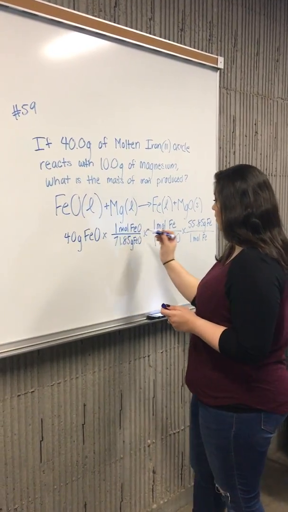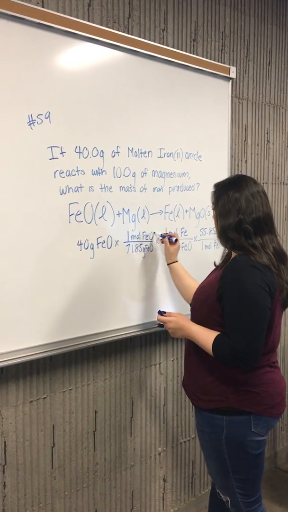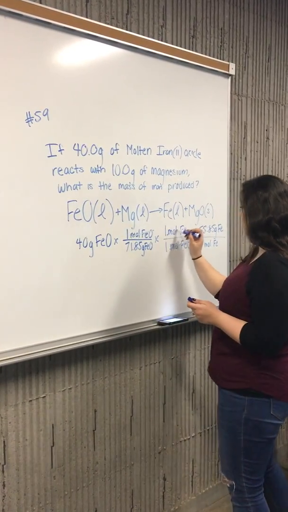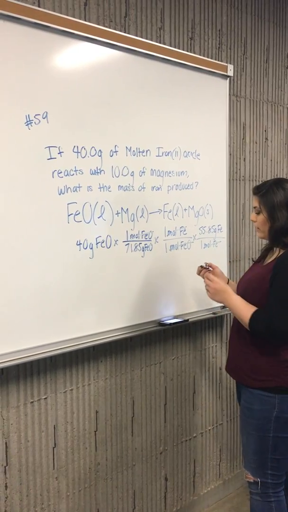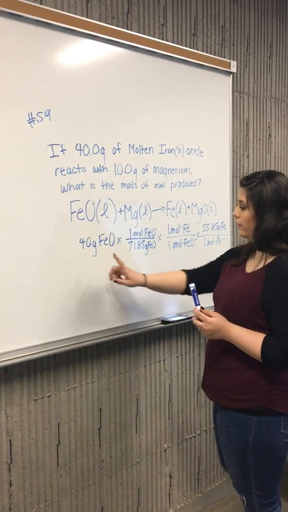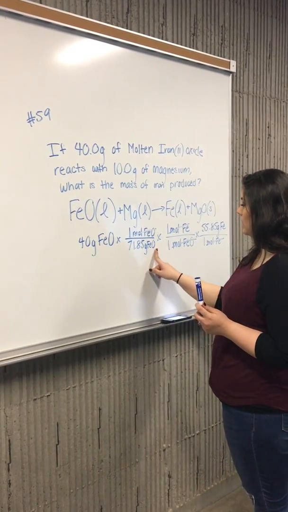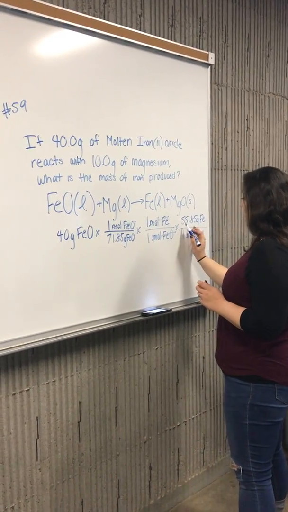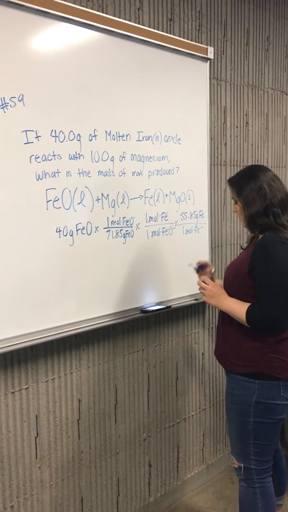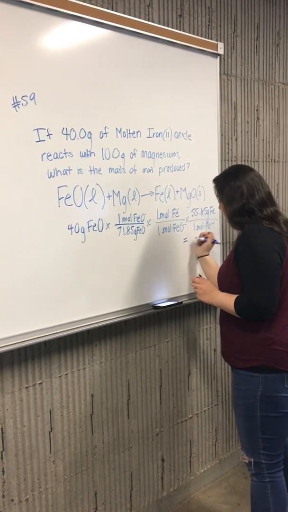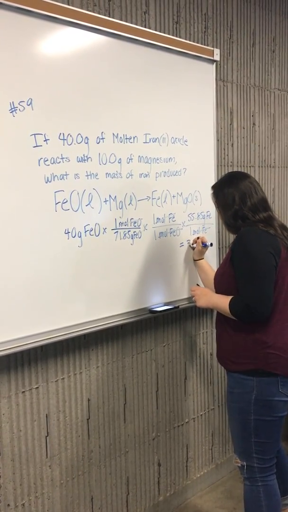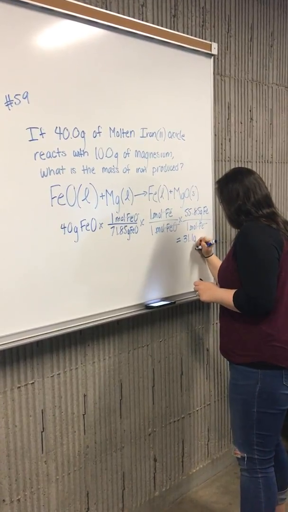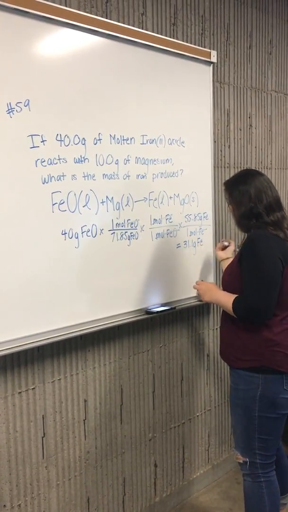And so once you go through, this right here should cancel out with this one, and your 2 moles of iron will cancel out. And then you have your 40 grams of iron oxide divided by your 71.85 grams of iron oxide, and then multiply it by your 55.85 grams of iron, which gets you to 31.1 grams of iron.